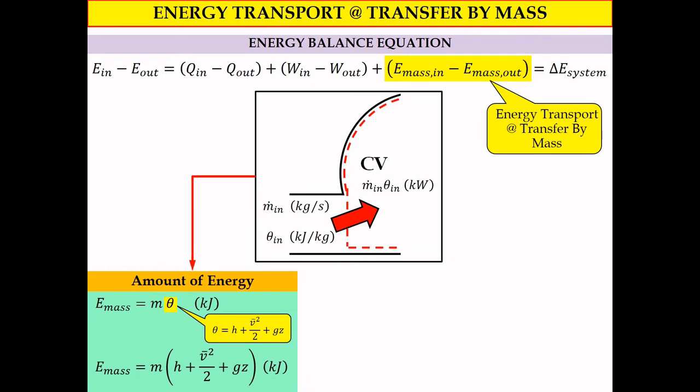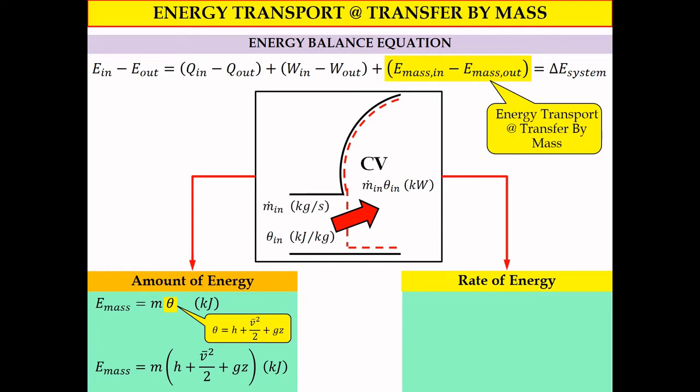If we elaborate using a longer equation, E mass equals m multiplied by enthalpy plus kinetic energy terms and also potential energy terms in kilojoule.